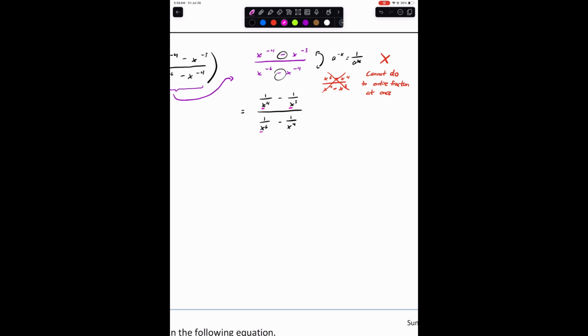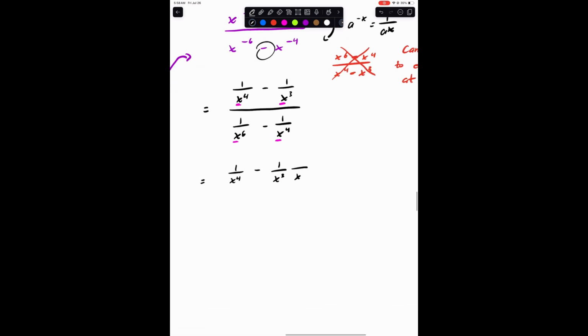So I can just use the largest power for the numerator and the denominator. In the numerator, the highest power is 4, so this x to the 4 I'll keep the same. But to raise this denominator to 4, I need another x. This 3 is not doing it for me.